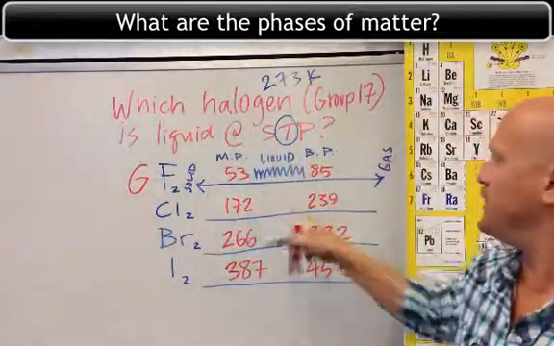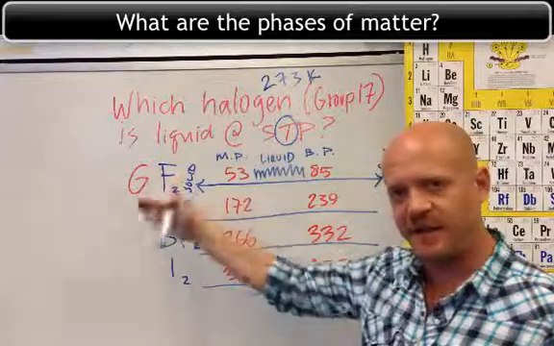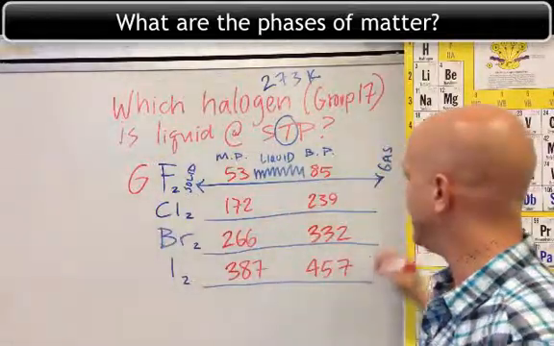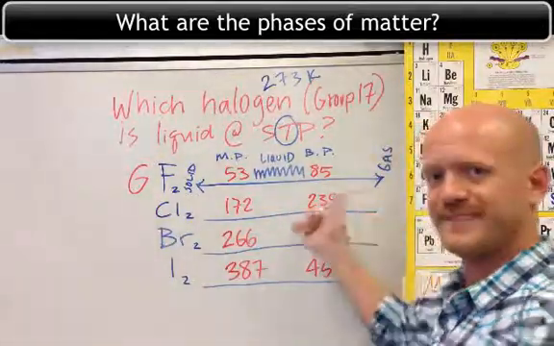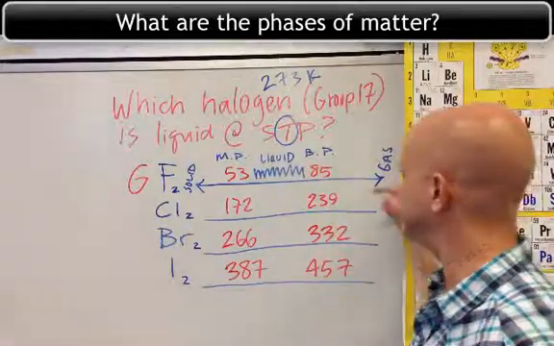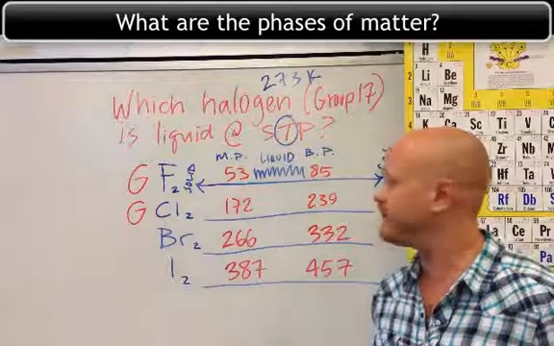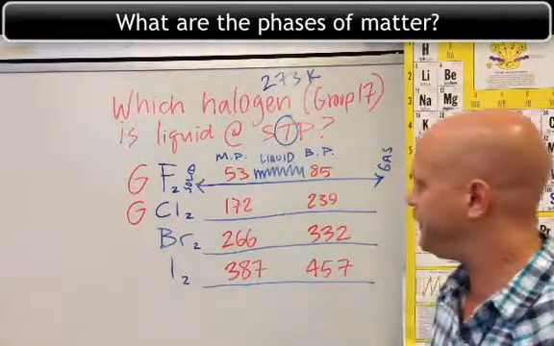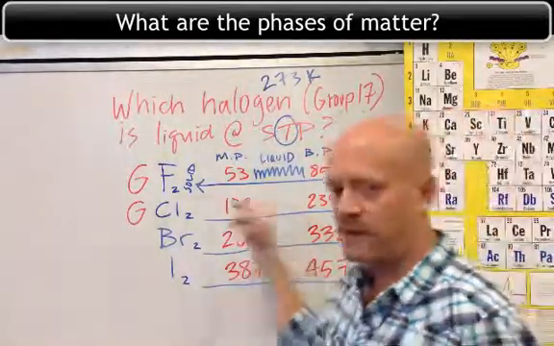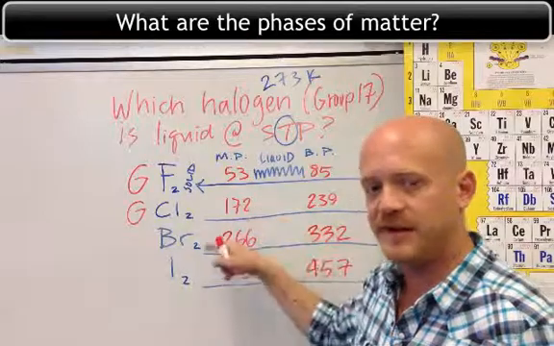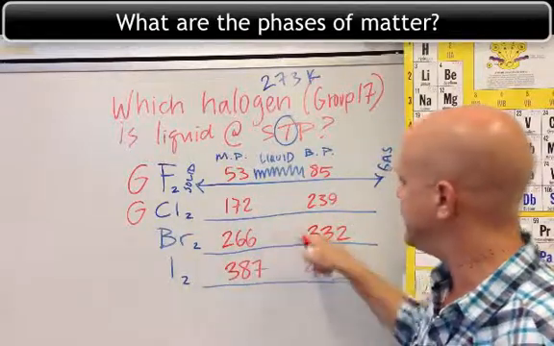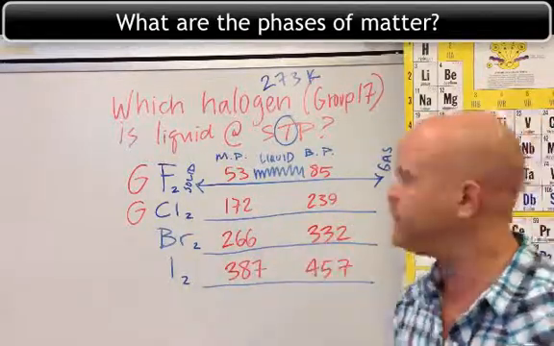Fluorine is going to be a gas. Now looking at chlorine, 273, is it in the solid, the liquid, or the gas? 273 is to the right of this. Chlorine would also be a gas at STP. Now bromine, at 266 and below, it's going to be a solid. Between 266 and 332, it's going to be a liquid.